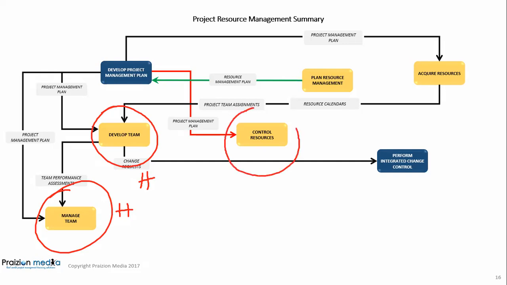But control resources has nothing to do with the humans. The control we're talking about is the physical resources. So when we talk about control resources, we are certainly not talking about humans or team members. That word is for the physical resources.